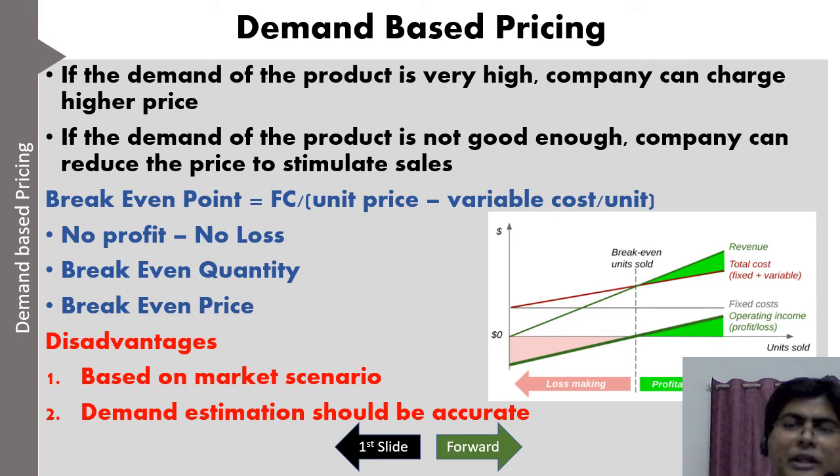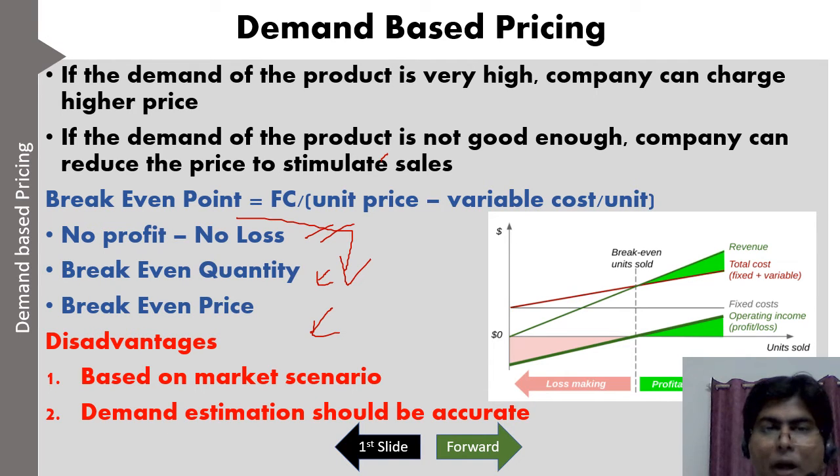Now here is something called the break even point. Break even point can be either quantity type or price type. For quantity, after selling that quantity you have no profit, no loss; that is the break even point. Same for price. You know how much quantity you are going to sell, and if you sell at a particular price, you will incur no profit, no loss.